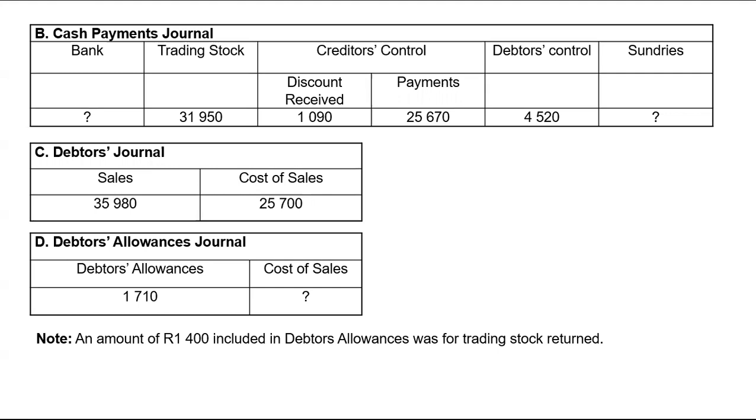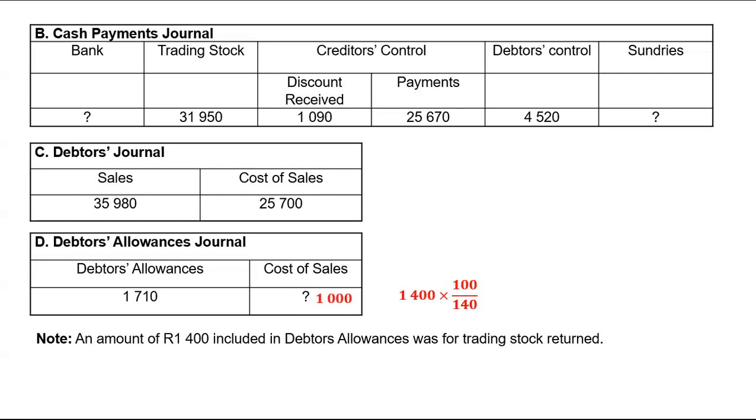It might have been just allowances. And for allowances, guys, we do not calculate cost of sales. Here we need the value of trading stock that was returned by debtors. And for us to get that, we will simply need this debtors allowances amount of 1,400, use it to calculate our cost of sales, which in this case will be 1,000 rand.